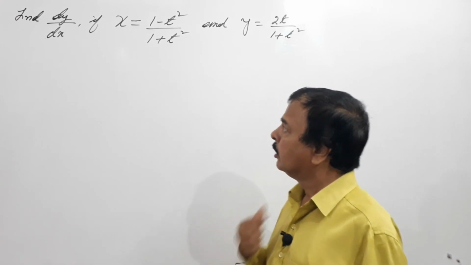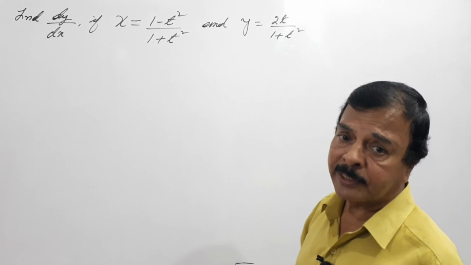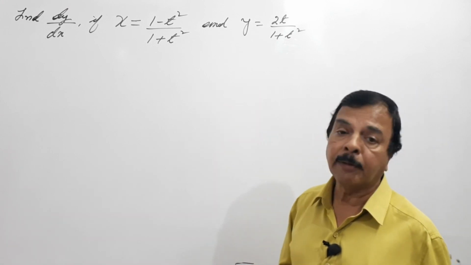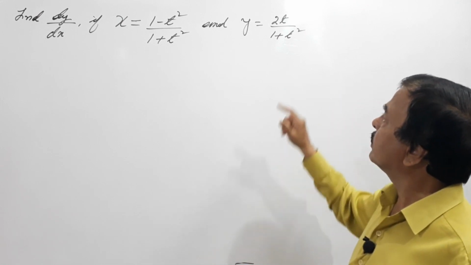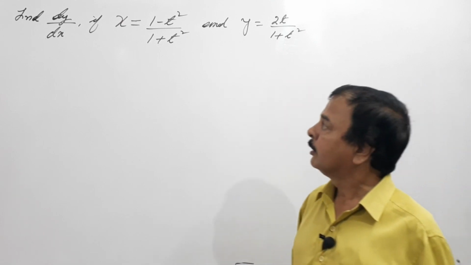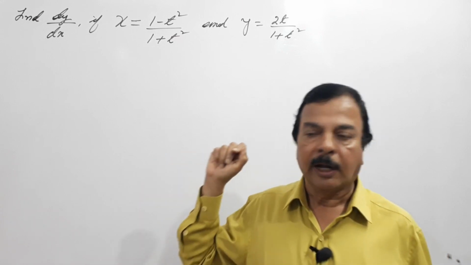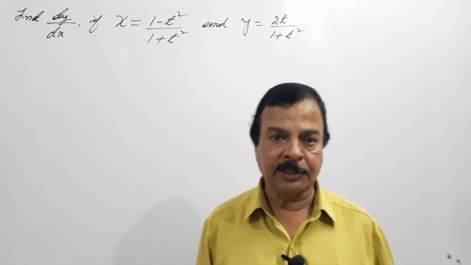So dear students, here we are asked to find dy by dx if x equals 1 minus t square divided by 1 plus t square and y equals 2t divided by 1 plus t square. You won't believe me, this problem came in my examination, when I was doing my first year BE.